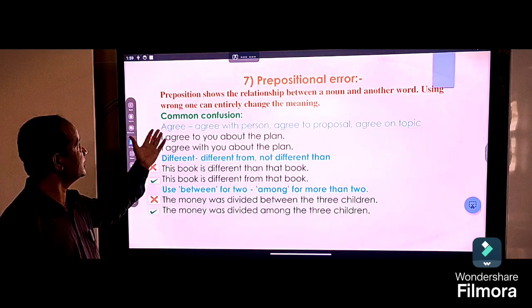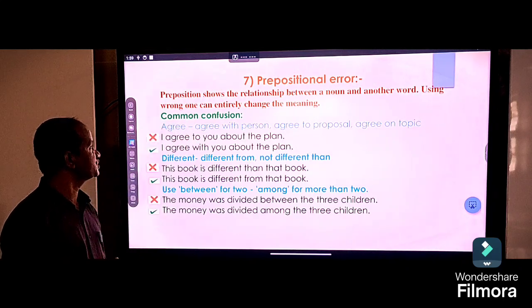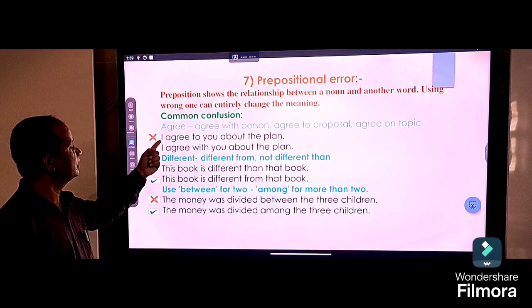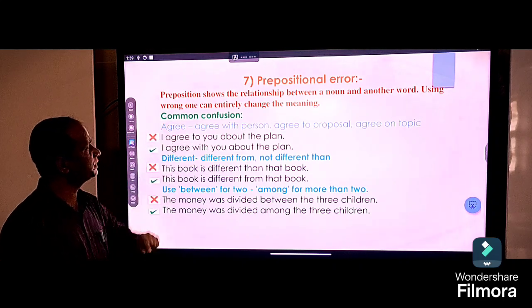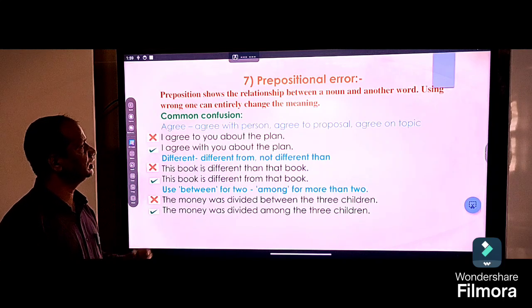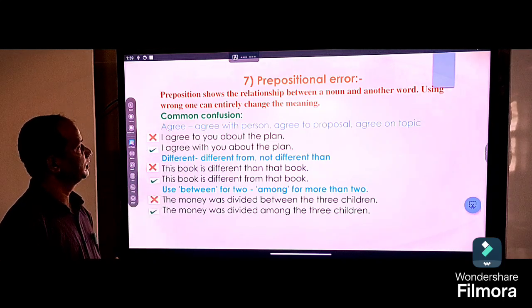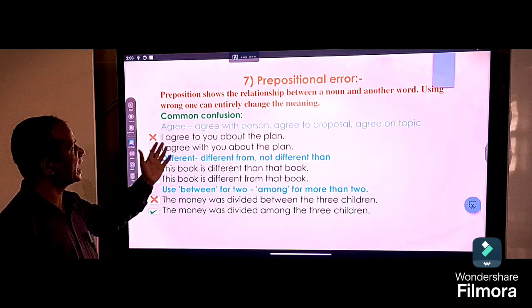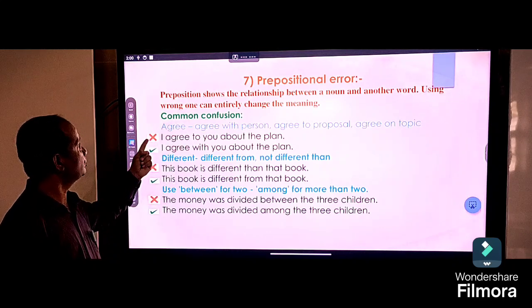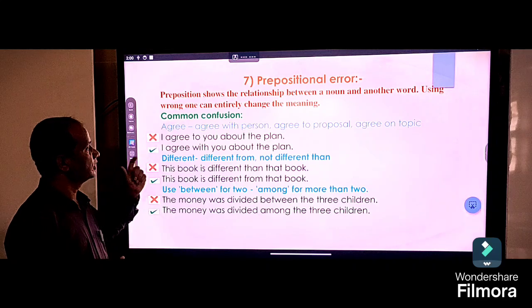Here I have stated some common confusions about prepositions. After agree, which prepositions do we have to use? Agree with person, agree to proposal, agree on topic. We can say agree on proposal or agree with proposal. We have to strictly use these combinations.